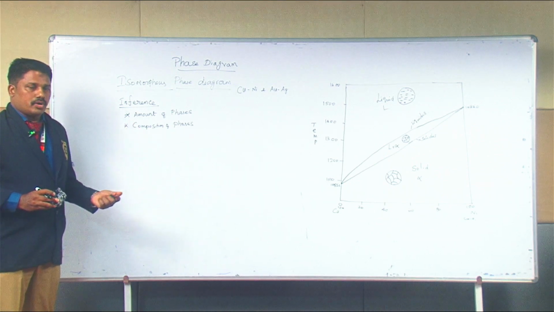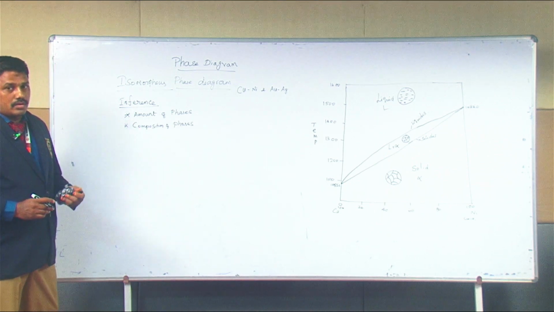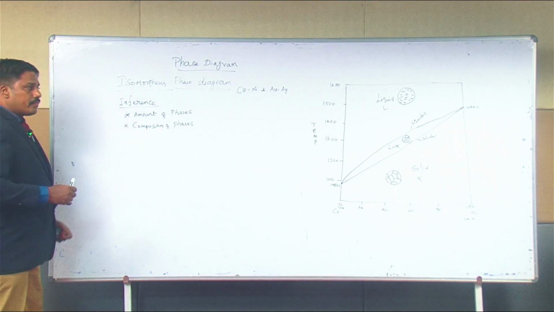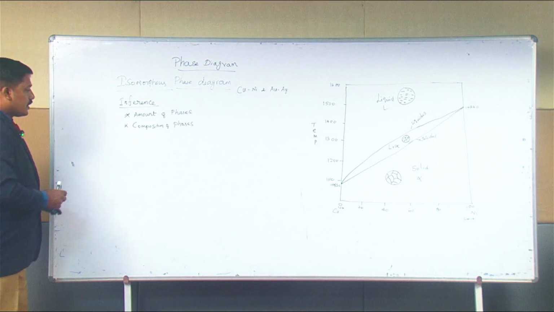The solid will be maximum or the liquid will be maximum for specific component values. So the composition of phases is also found using the phase diagram with a tie line.